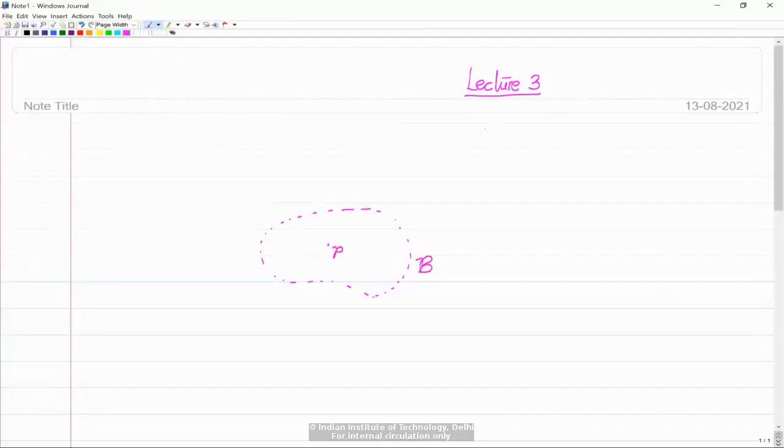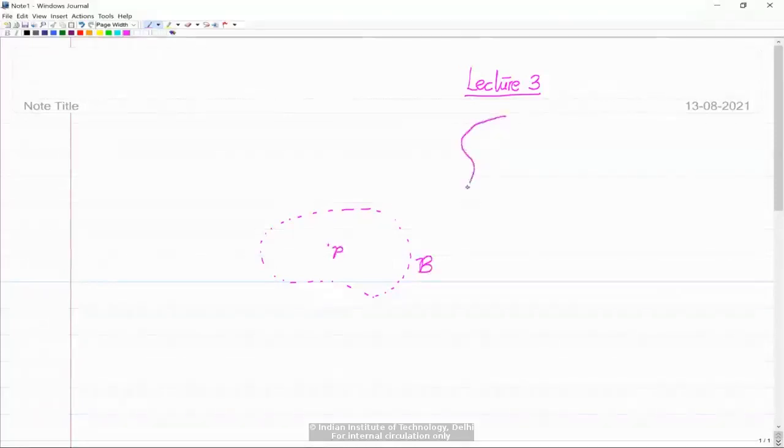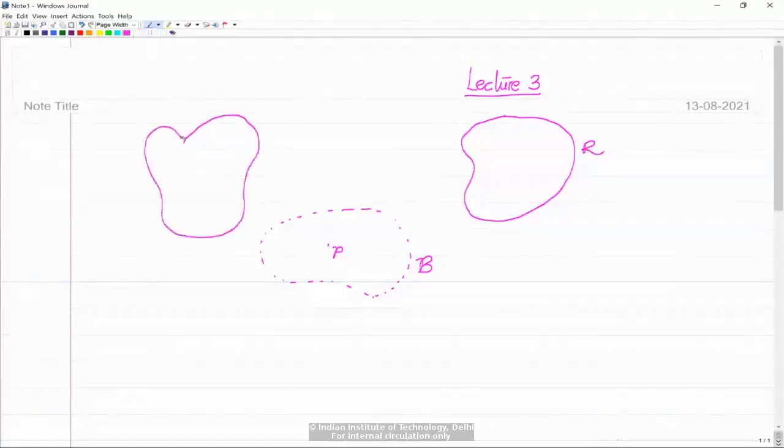And then we have what is called the current configuration. And this configuration occupies the region R in the three-dimensional space. And then we also talked of the reference configuration, which occupies the region R ref.